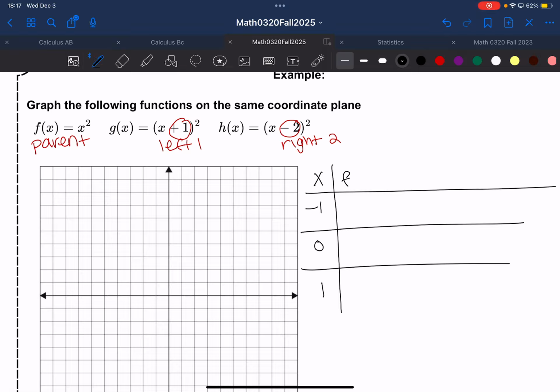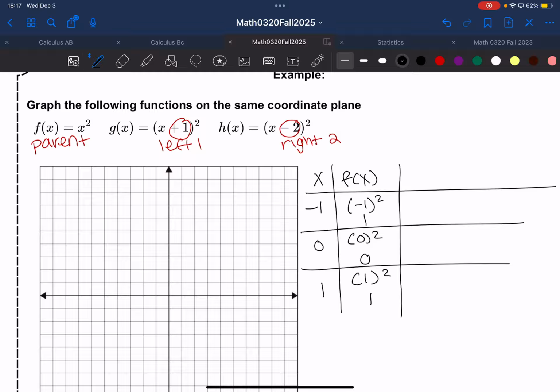So for f of x is equal to x squared, this is -1 squared, which is 1. Then we do 0 squared, which is 0, 1 squared, which is 1. Those are all of my points for the first function.